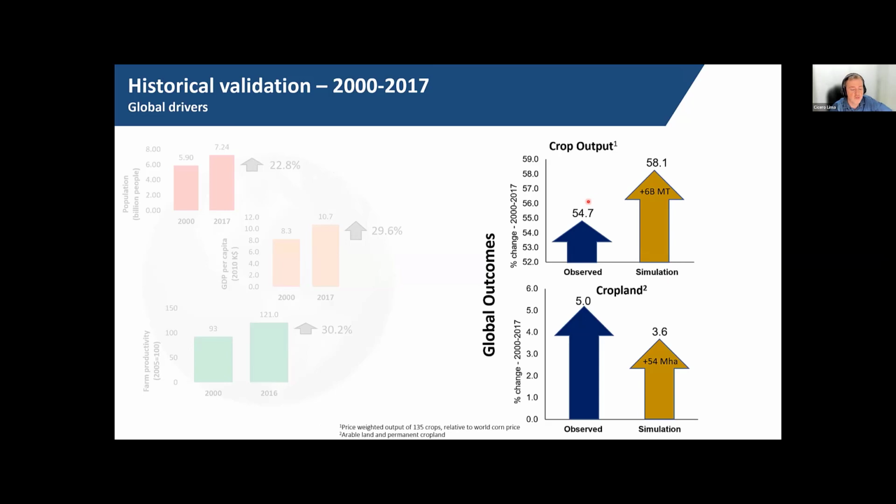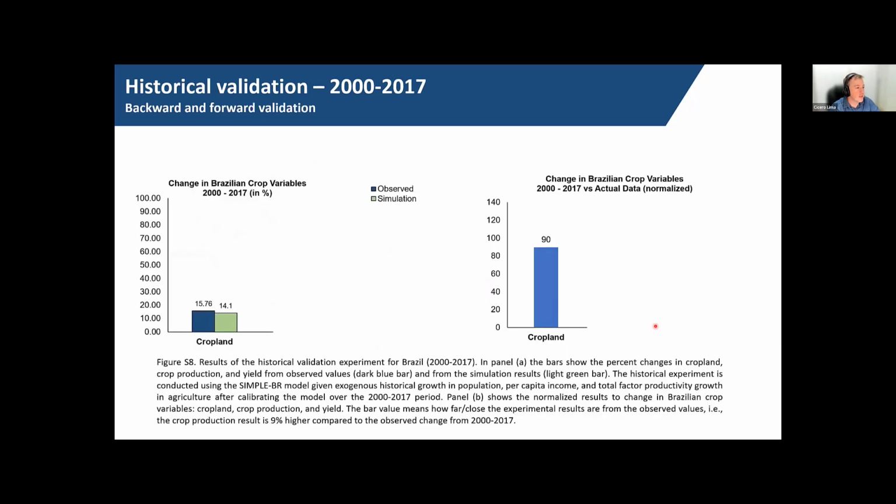At the global level, for this period, we are simulating 58% change and slightly less cropland expansion. This means that somehow the model is reproducing more yields per hectare, giving more cropland output. It is the same pattern when you look at the Brazilian variables.